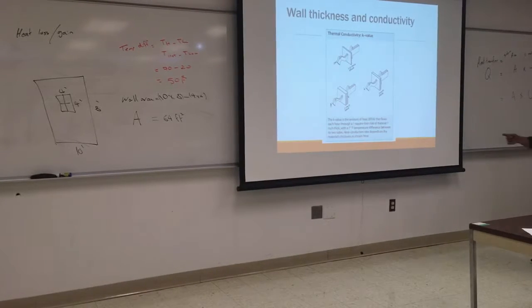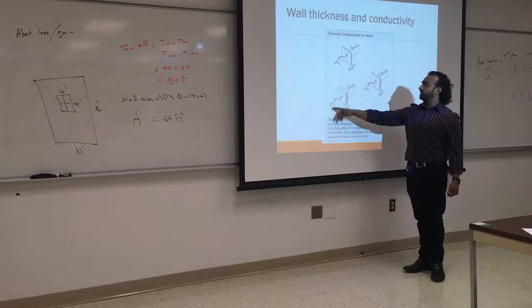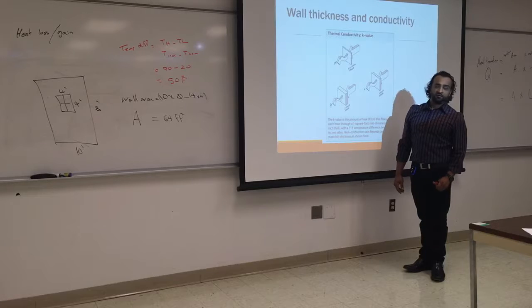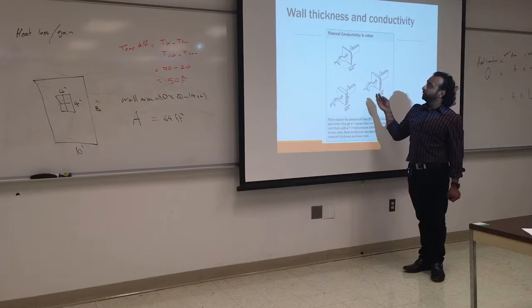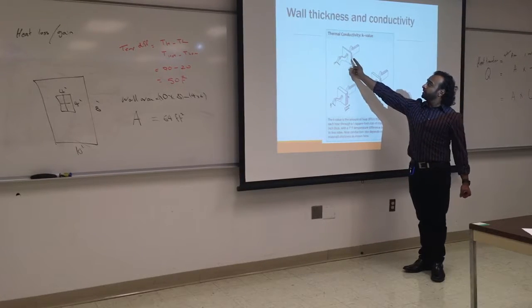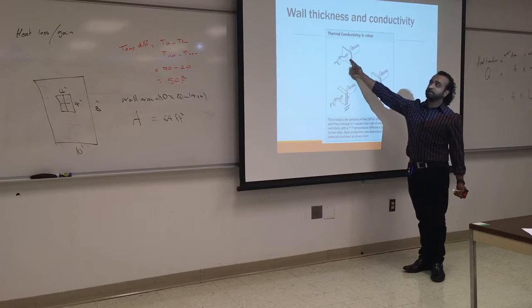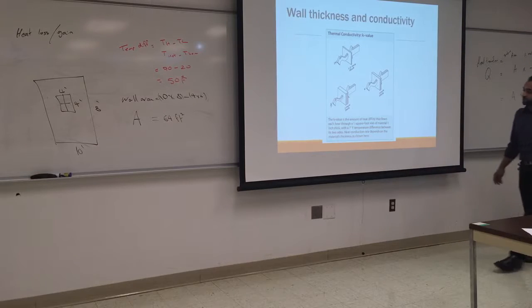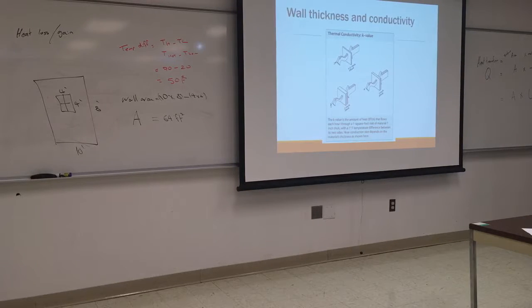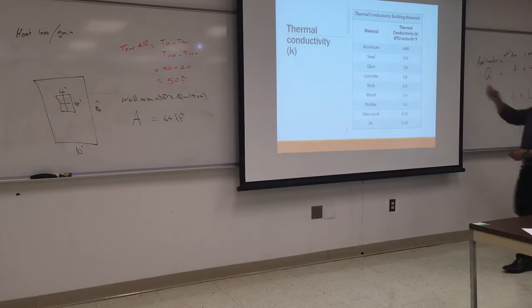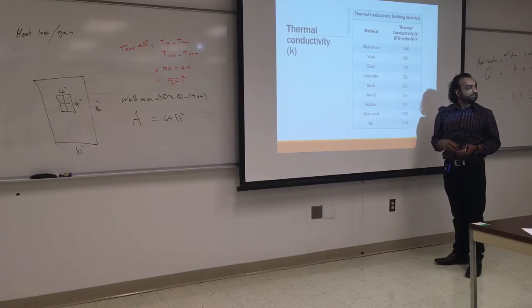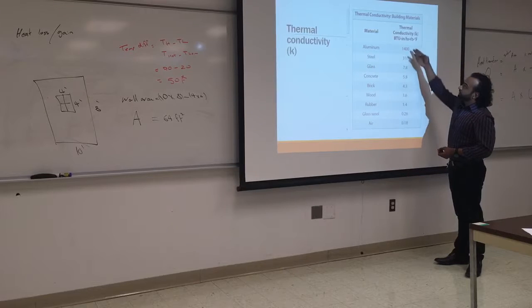Wait, so what's that K then? That's the material property, but you said we're not gonna worry about it. It could be confusing. But just to explain to you that the thermal property of a material has to do with thickness. The thicker we have, the more insulation there is. The thermal conductivity of materials is how fast they conduct electricity and also heat.